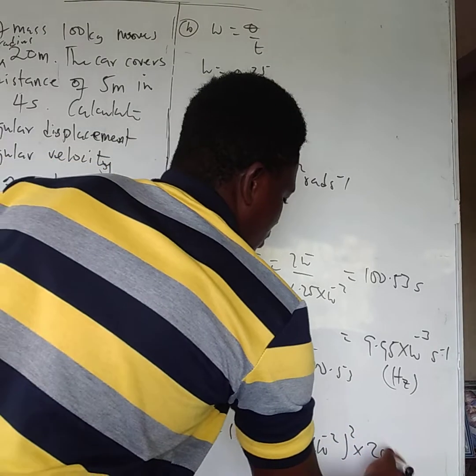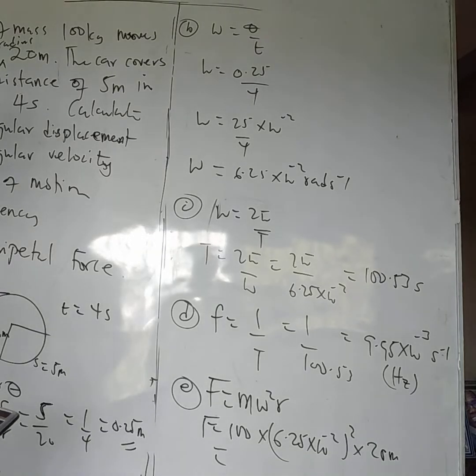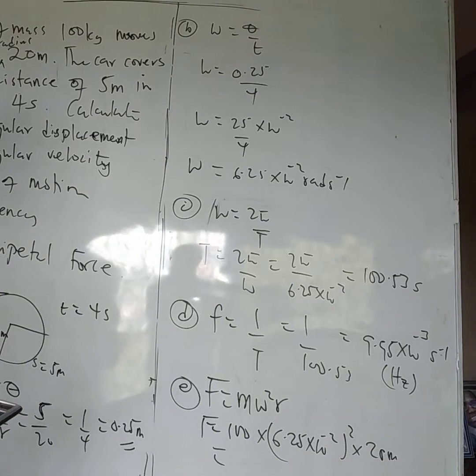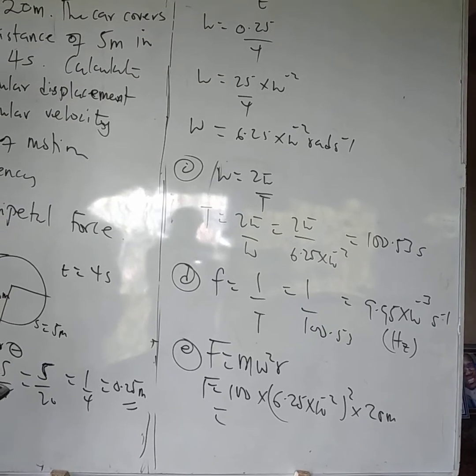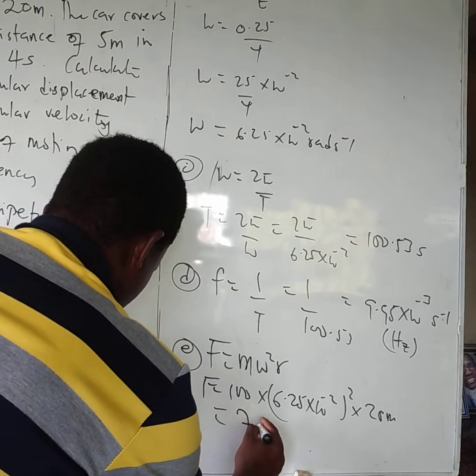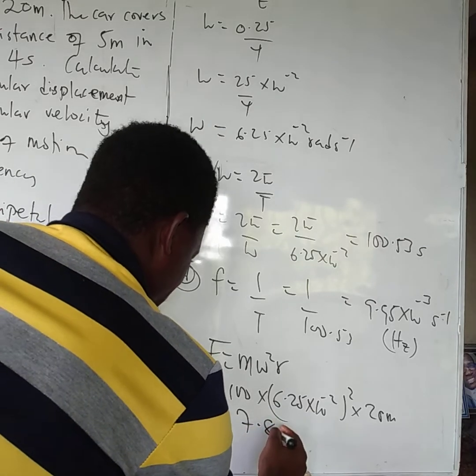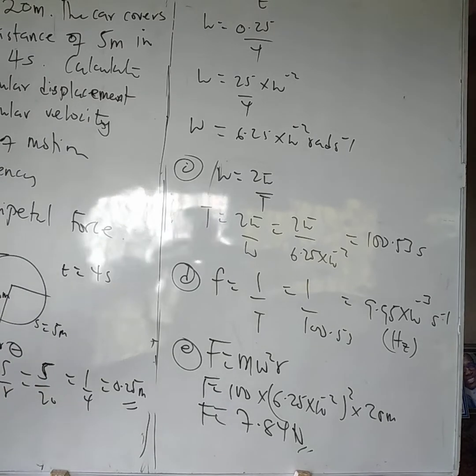Our radius is 20 meters. So I have 6.25 times 10 to the negative 2 all squared, multiplying 100, and then multiplying 20. So this is going to give me 7.84 Newton. So this is what we will arrive at as far as our force is concerned.